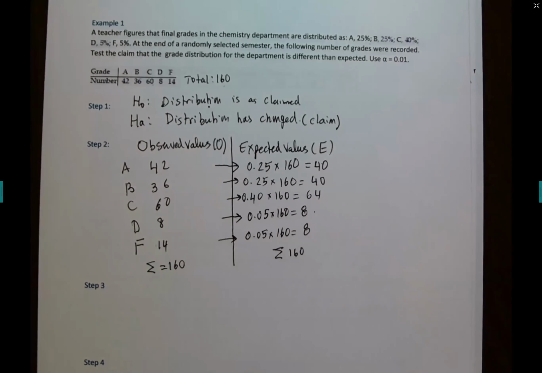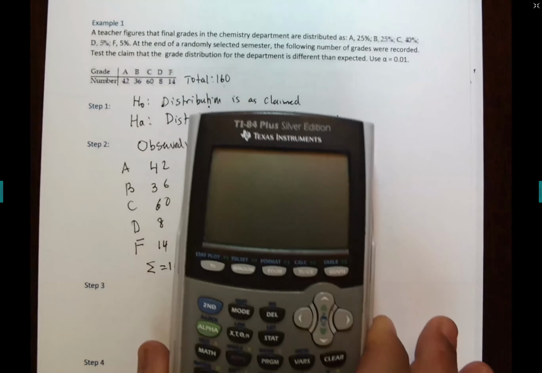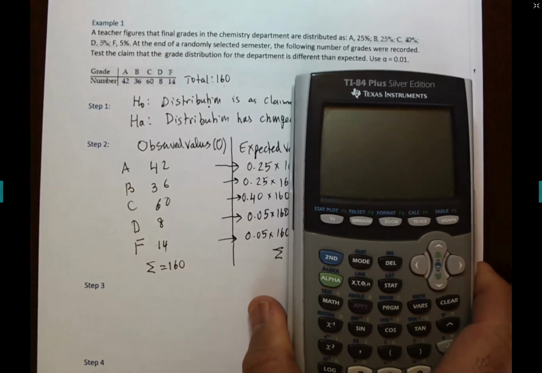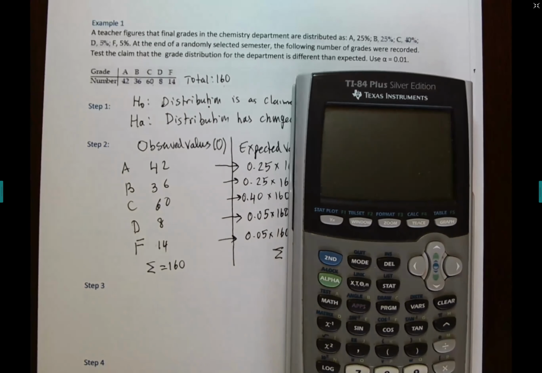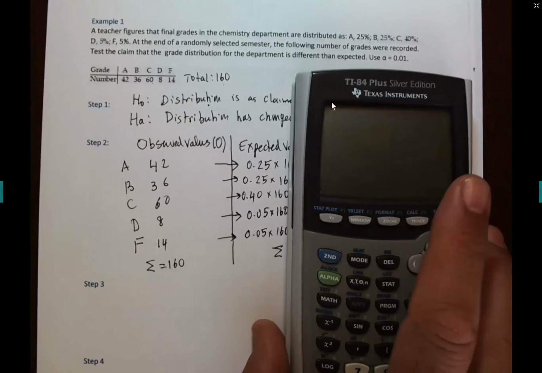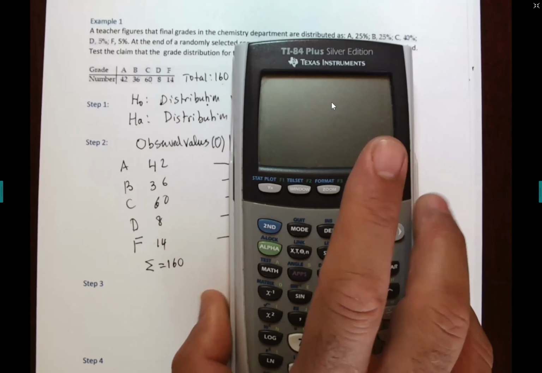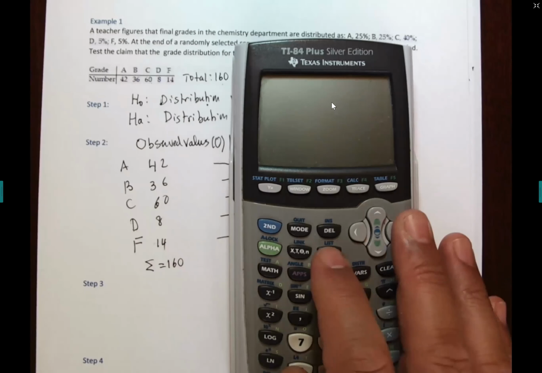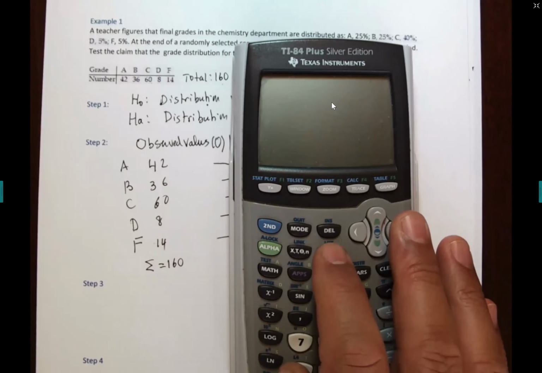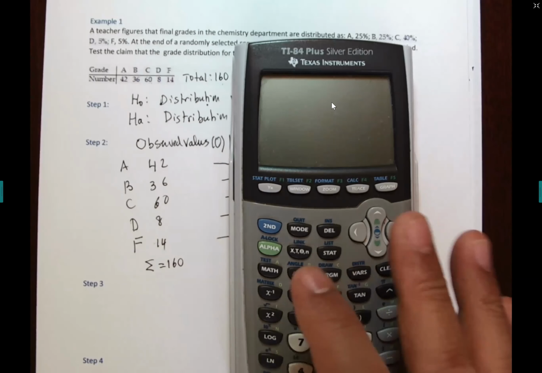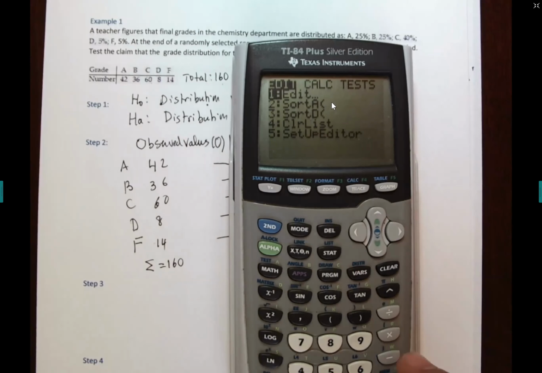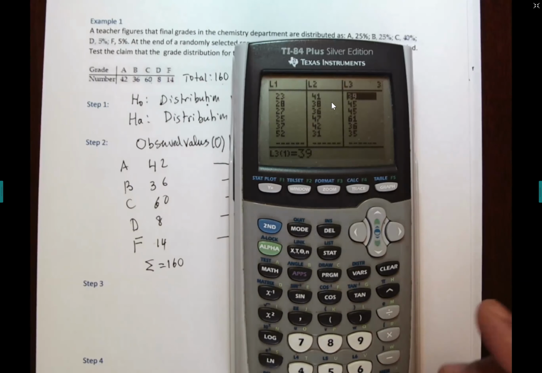Okay, you're ready for the calculator? Get your calculator ready. I'm gonna go to the calculator test, and we're gonna show you how easy this test is when you use technology, just as long as you know how to interpret, that's good enough. So you go STAT, Edit. You need to enter the observed values and the expected values into the calculator.